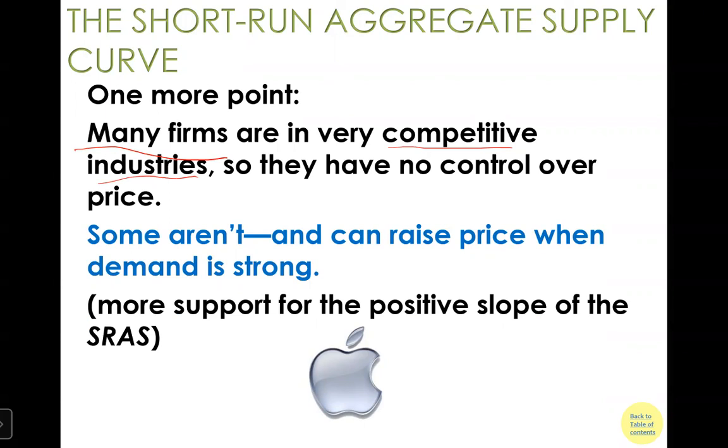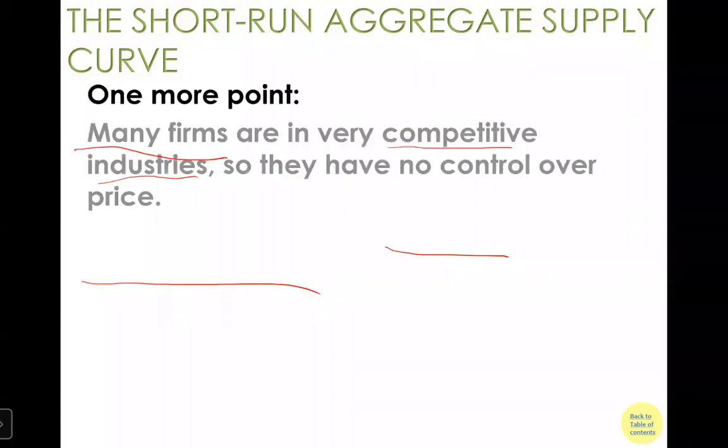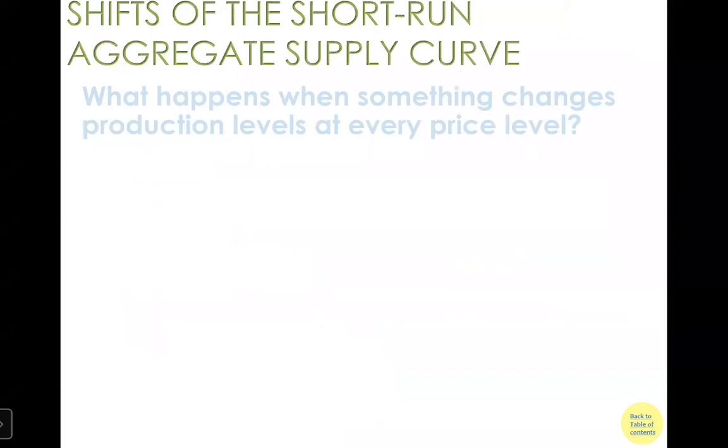And then they may raise the price even when demand is strong. So let's go back to the previous slides. That just means they're not only able to maintain the production costs, they can even raise the price, so make more profit. So that's going to make the short-run aggregate supply curve slope higher. Or this is further support for the positive slope of the short-run aggregate supply curve. Okay.